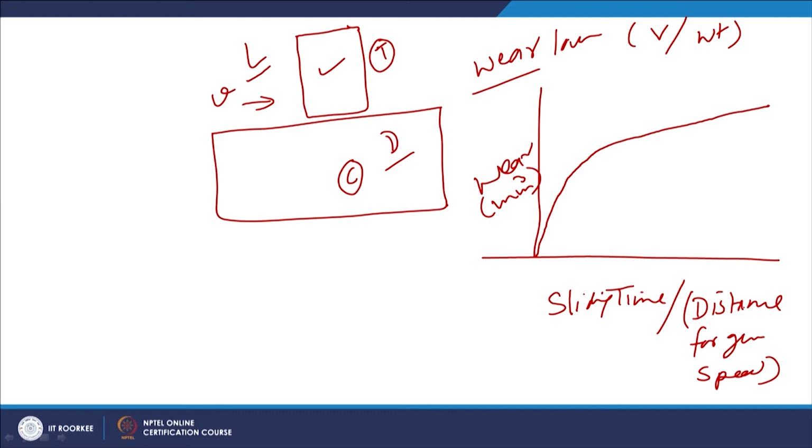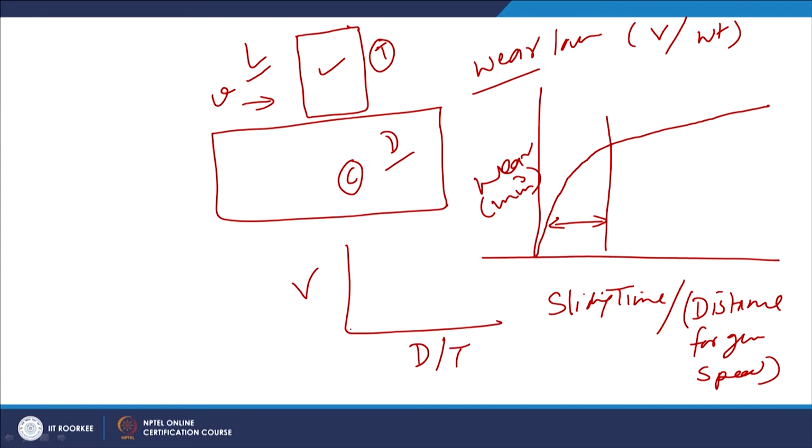The period in which there is a continuous change in the slope of the curve, the distance from the start of sliding up to which there is a continuous change in the rate at which wear is taking place, we can see from the slope of the curve, because this curve is basically the wear volume and the sliding distance or sliding time.